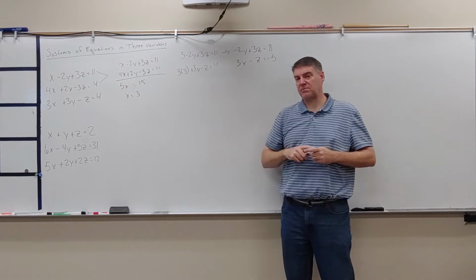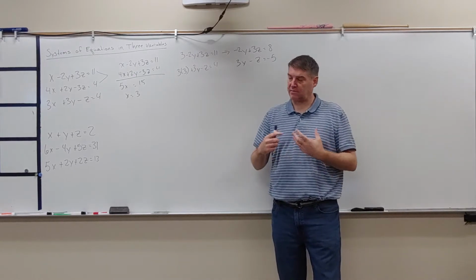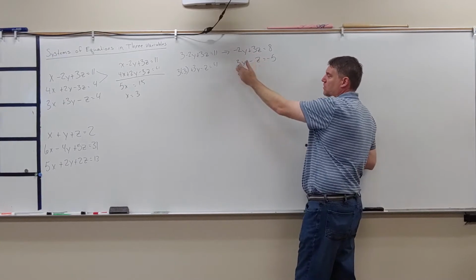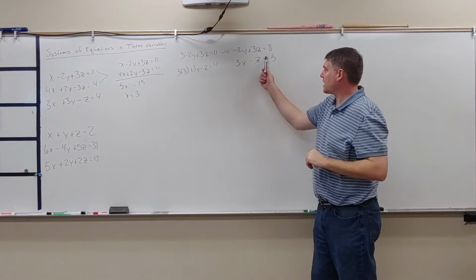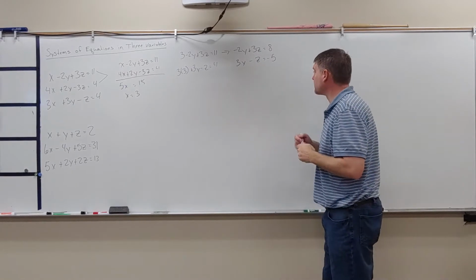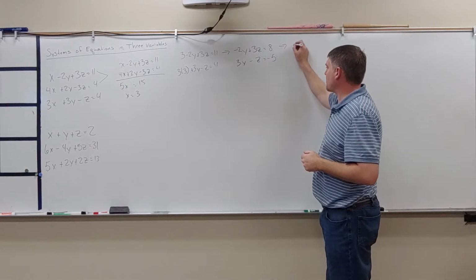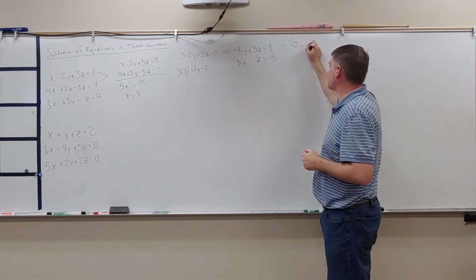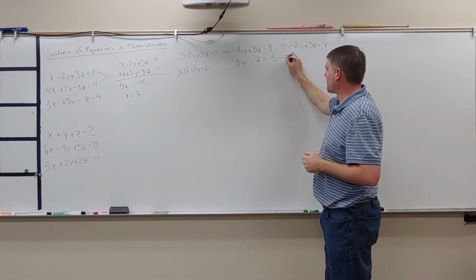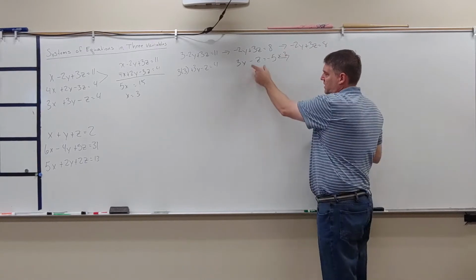Now I need to pick one more variable to eliminate. I notice that my z's are on opposite sides, and both of my y's are too. But I only have to multiply the bottom equation by something to eliminate the z's. So I'm going to rewrite my top equation, negative 2y plus 3z equals 8. I'm going to multiply the bottom by 3 so I can get rid of the z's.